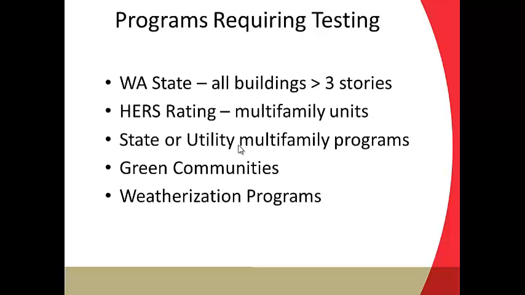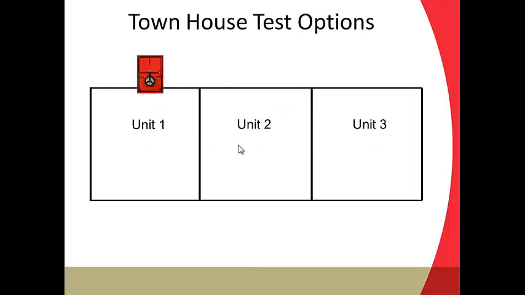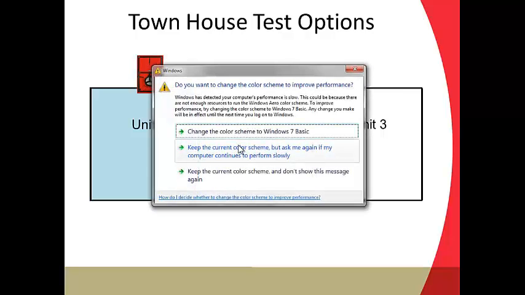We'll set up a blower door or duct blaster fan in a window on unit number 1, and we'll depressurize that unit. To get a repeatable test, we're going to have control over units 2 and 3 also. We want to make sure there aren't exhaust devices running in those units or open windows or doors, because that will affect the repeatability of our test.